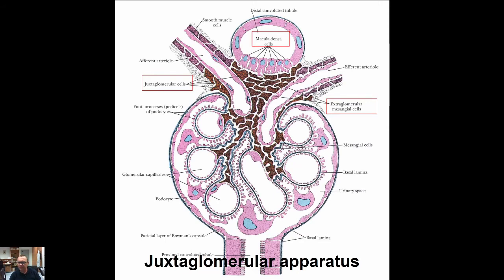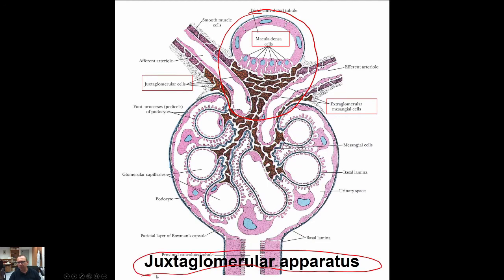This area where the distal tubule is coming to the vicinity of the vascular pole of the renal corpuscle is called, by this quite complicated term, juxtaglomerular apparatus.